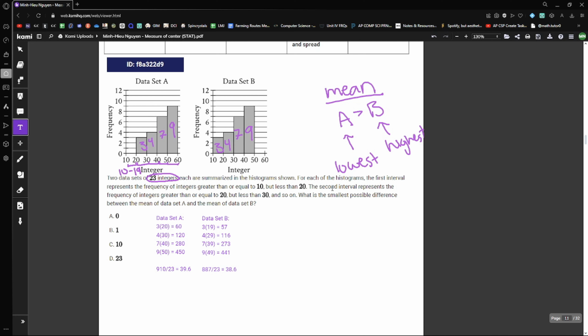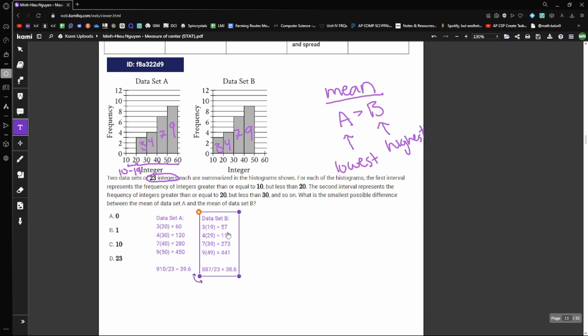Now, the reason I chose the lowest possible number for dataset A: here in this interval, I could have chosen any number between 20 and 29, but I decided to use 20 to find the mean. And for dataset B, I chose the highest possible number. So here I could have chosen any number between 10 and 19, but I decided to use 19.